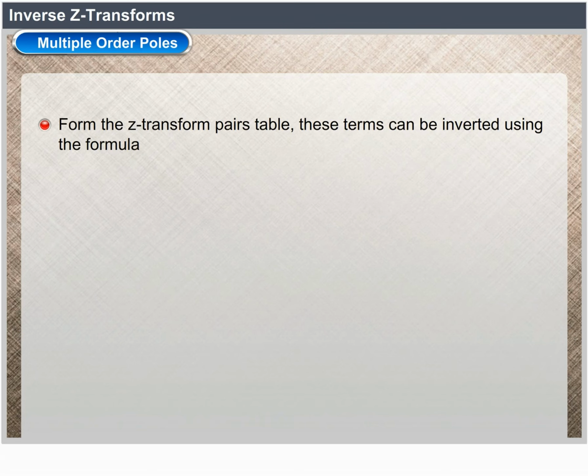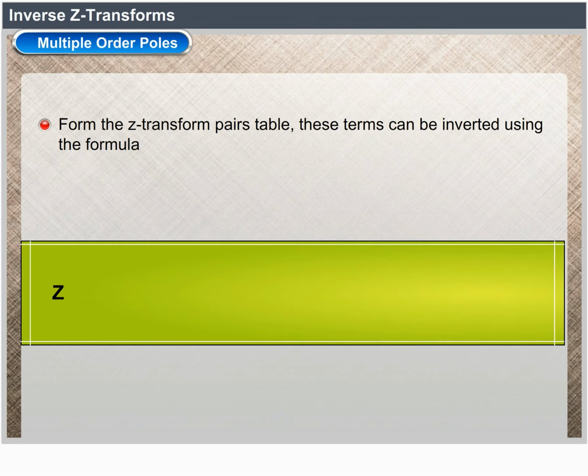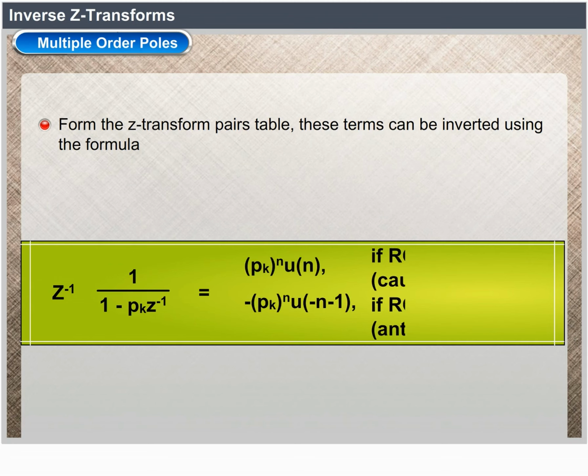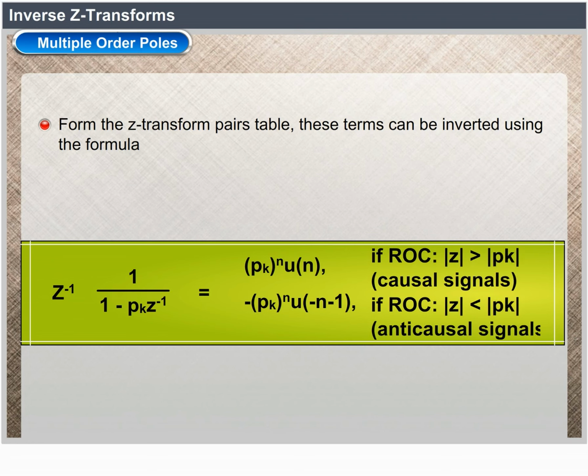These terms can be inverted using the formula: Z^-1 of 1/(1 - pk z^-1) equals (pk)^n u(n) if the region of convergence is |z| greater than |pk|, causal signals, and equals -(pk)^n u(-n-1) if the region of convergence is |z| less than |pk|, anti-causal signals.